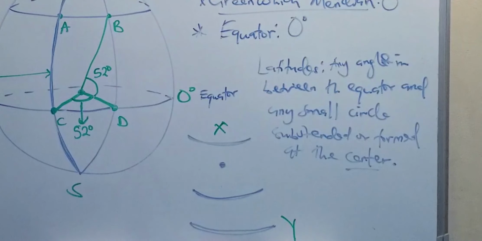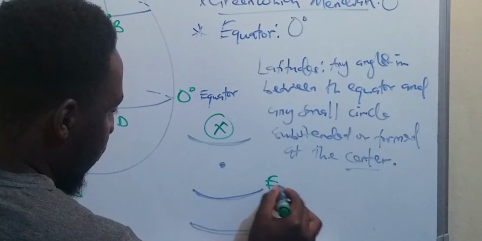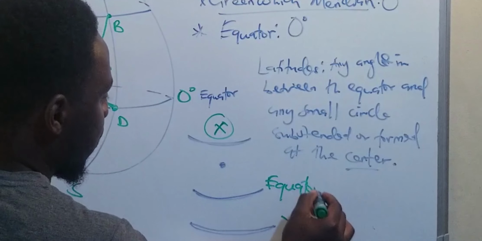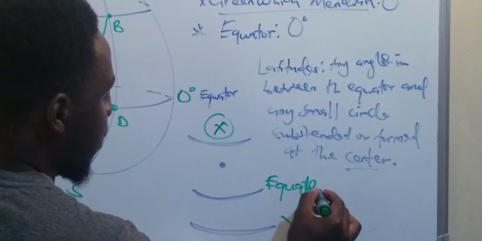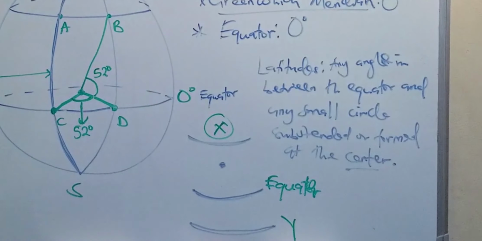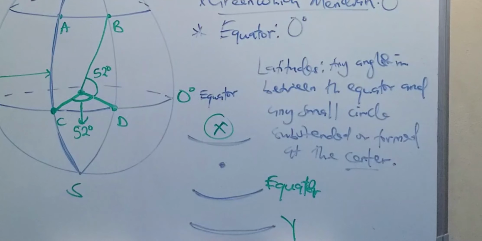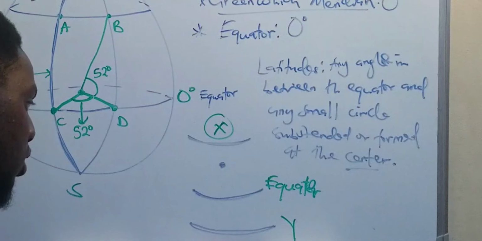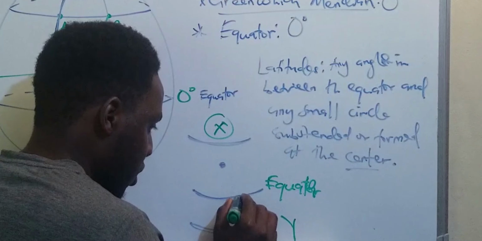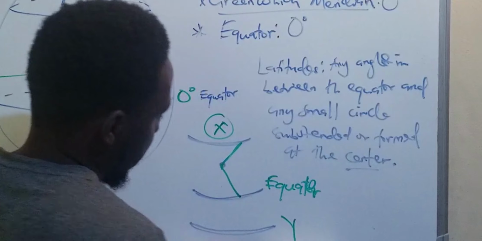For you to get the value of latitude x, you first have to locate the equator, because the angle should be between the equator as well as any small circle. In this case, our small circle is latitude x degrees there on top. So we always have to start from the equator, go to the center, from the center, go there.